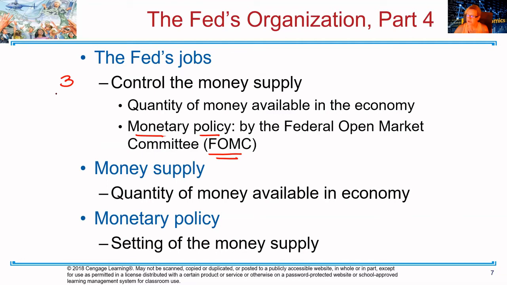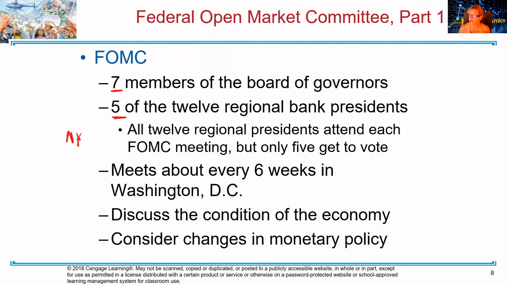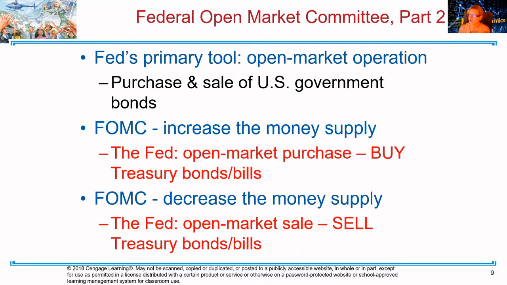And I referenced 3 tools that the Fed uses to control the money supply, which we'll talk about a little more in upcoming objectives. But in this one, I just want to introduce you to one. And this is the #1 tool that the Federal Reserve uses to control the money supply. Okay, so this is tool 1, most used, and this is what we call OMO, or open market operations.